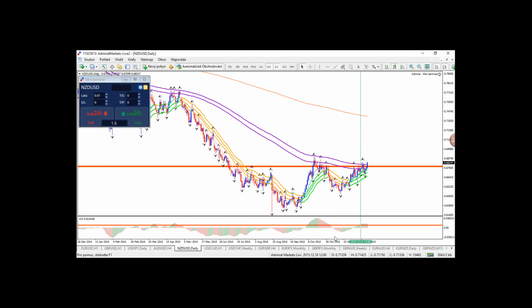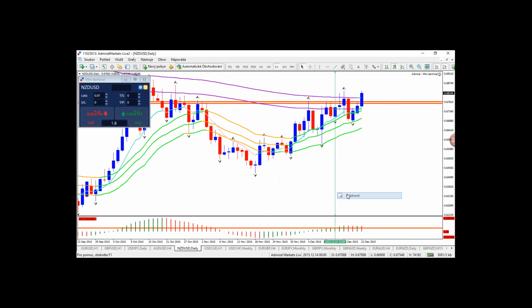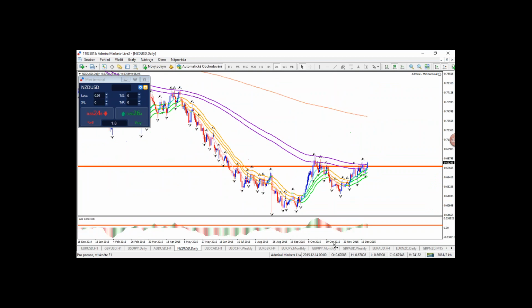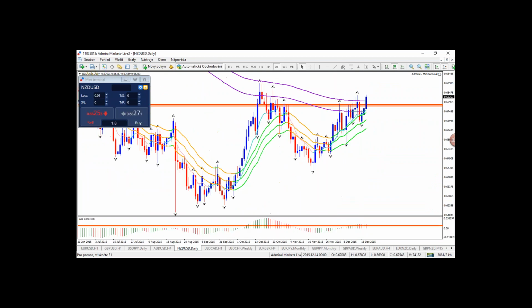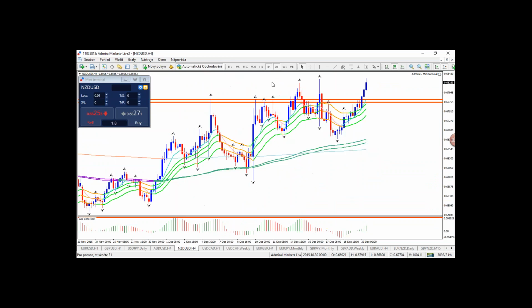Alrighty. Kiwi. Looks a bit messy to me, but it has a similar momentum as the Aussie. So a similar game plan with the 4-hour candle might make sense in general. But the Kiwi could be a bit different.